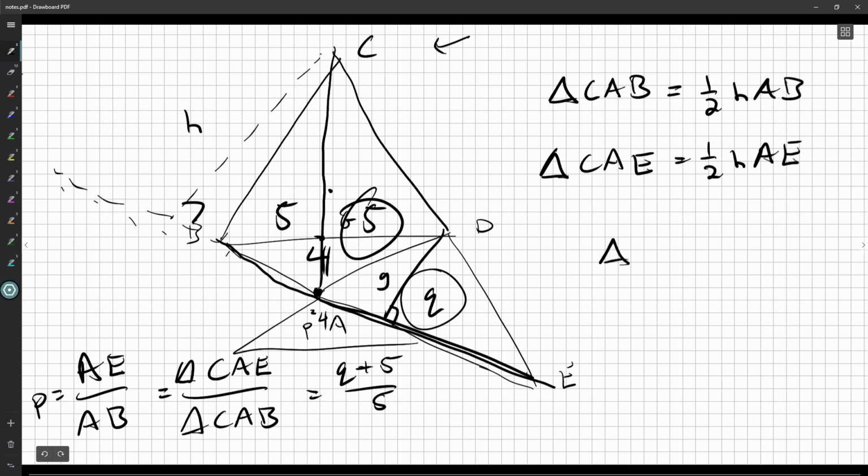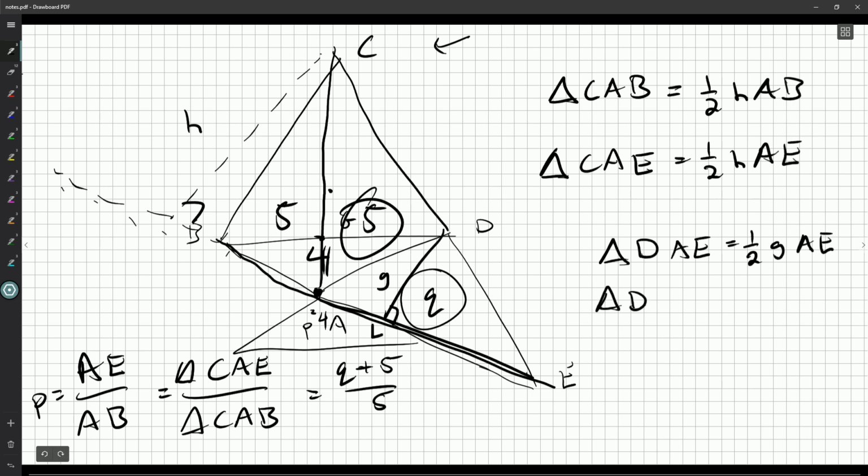What are we up to? We used K, so we'll call this L. So triangle DAE is 1/2 G, or we could call it DL, times AE.